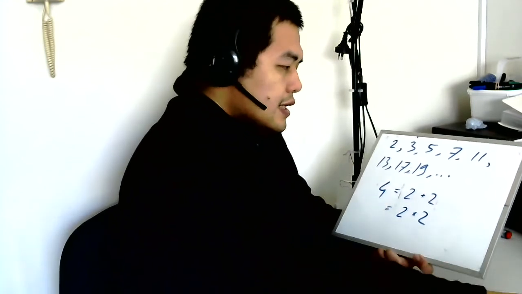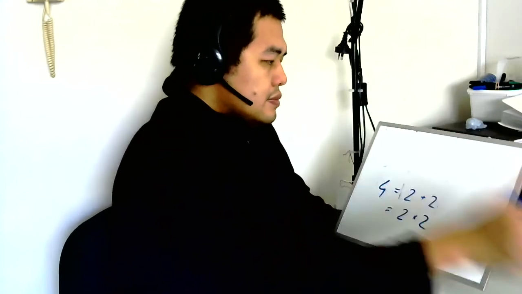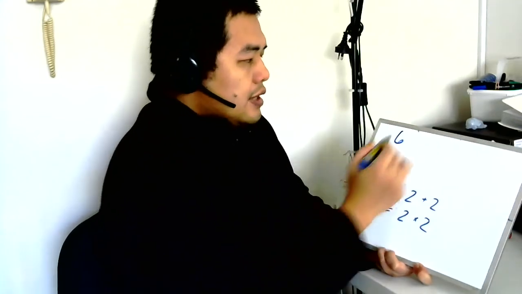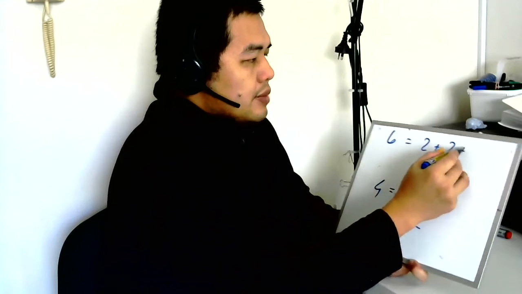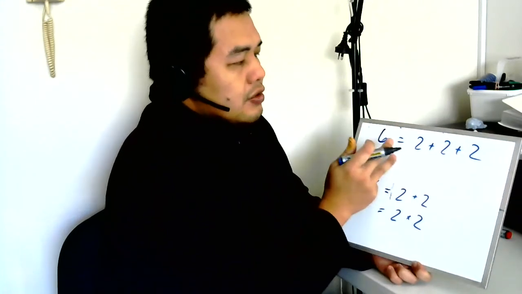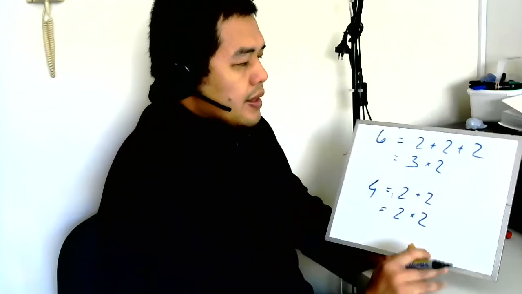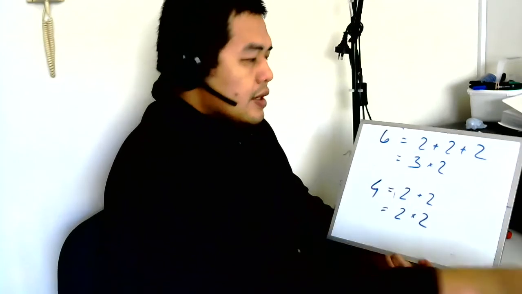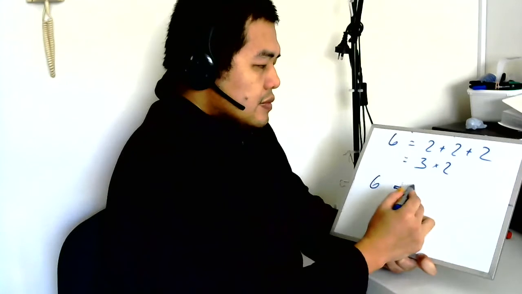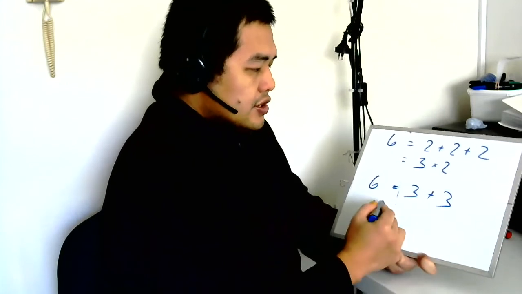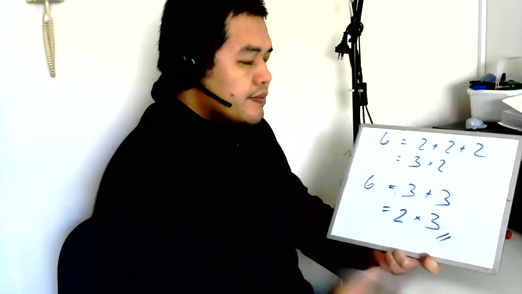Now let's take a different number, for example, 6. You can write 6 as 2 plus 2 plus 2. So in this case, we have 3 groups of 2, 3 times 2. You can also say that 6 equals 3 plus 3, which gives us 2 times 3. Okay?